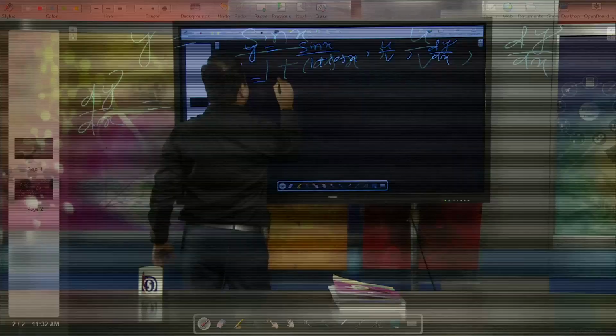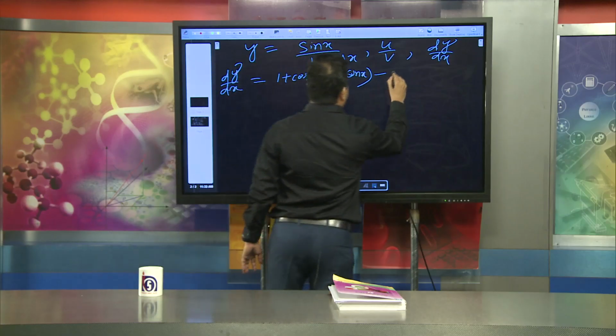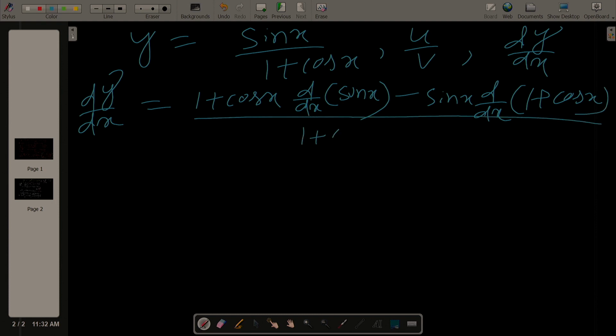So I can write 1 plus cos x, that is v, into derivative of sin x, minus u, that is sin x, into derivative of 1 plus cos x, divided by 1 plus cos x whole square, because v whole square.